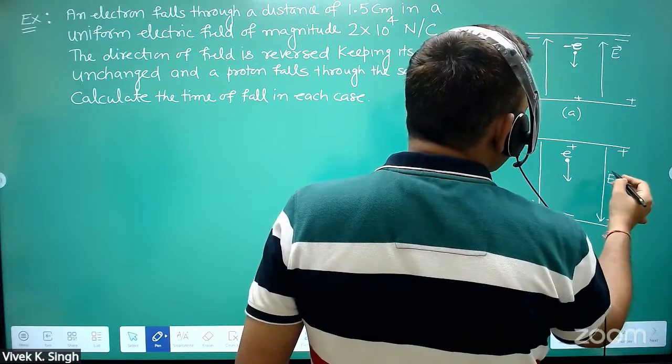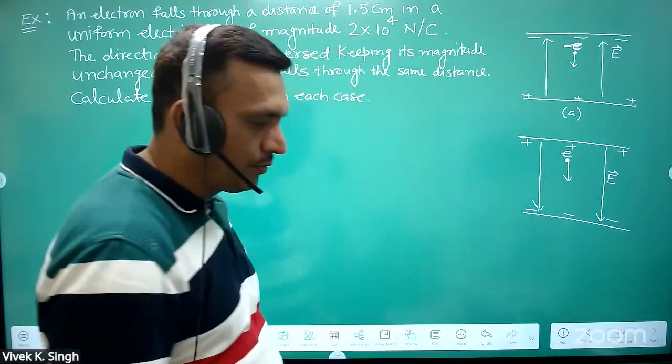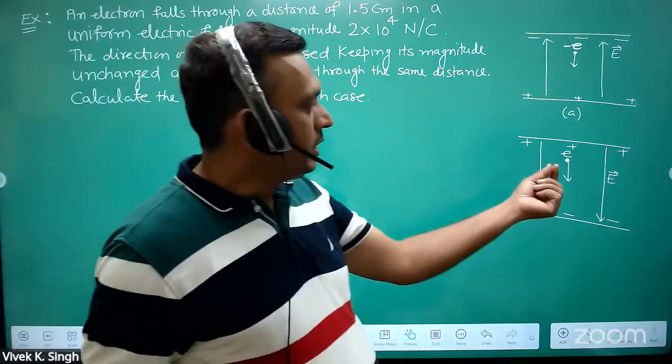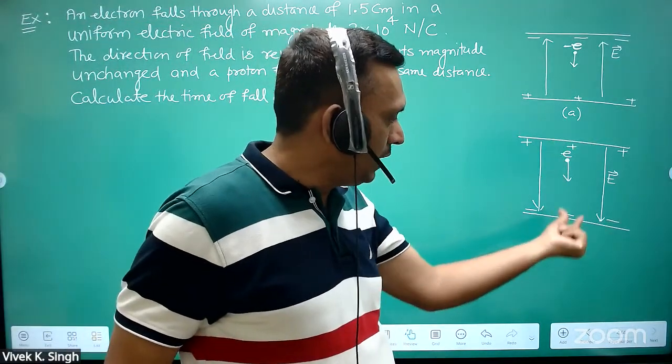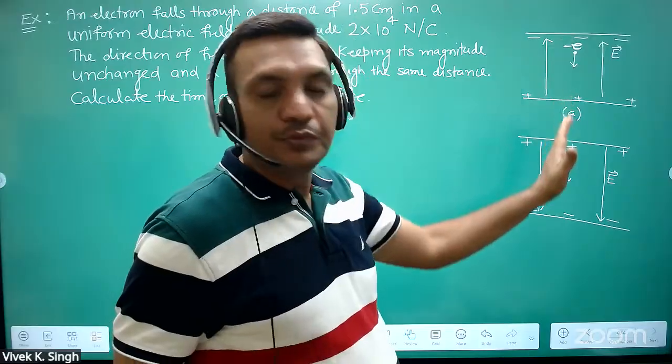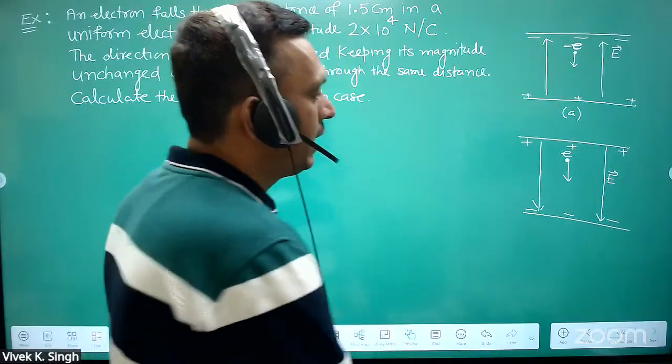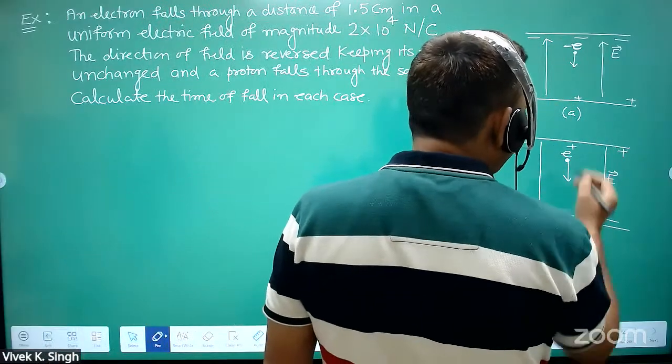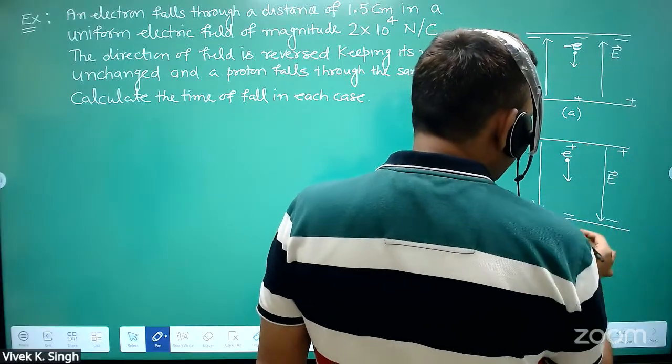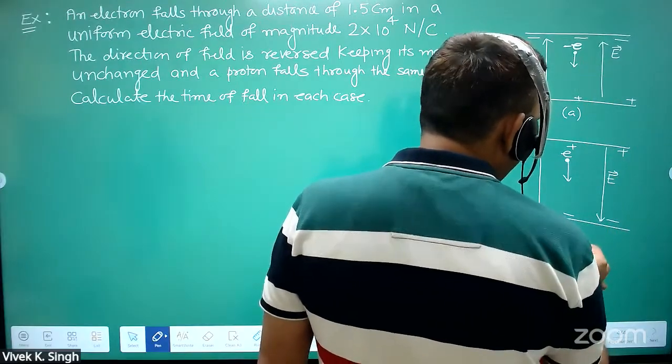Positive charge moves in the direction of the electric field, and negative charge moves in the direction opposite to the electric field. So this is for motion of electron, and this is motion of proton.